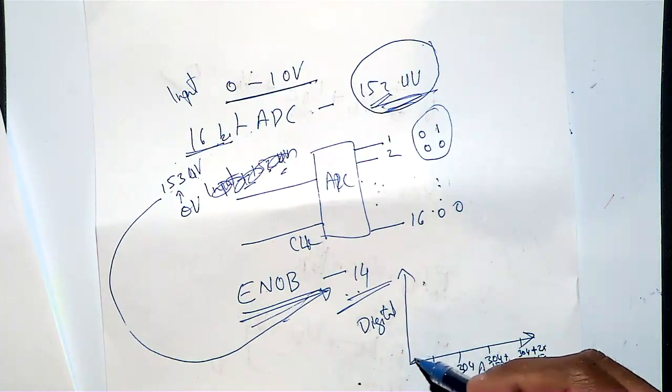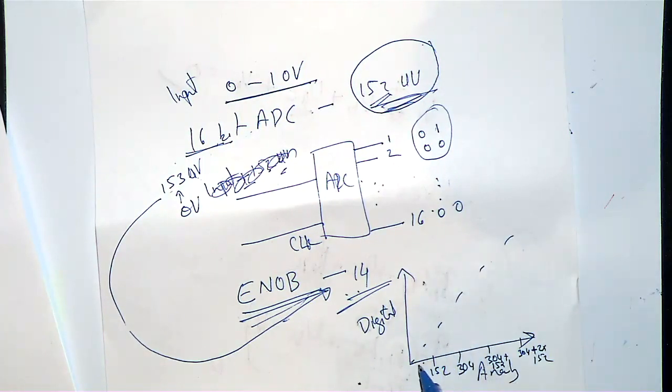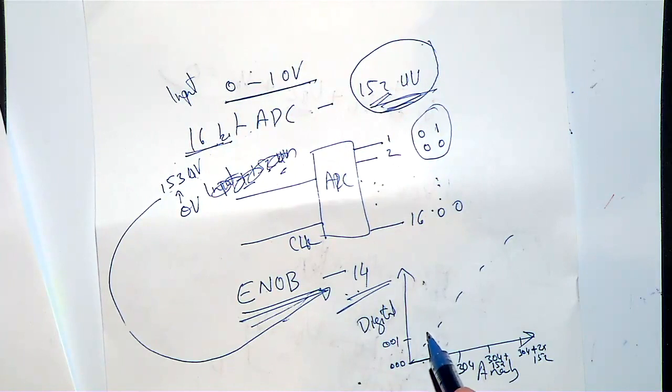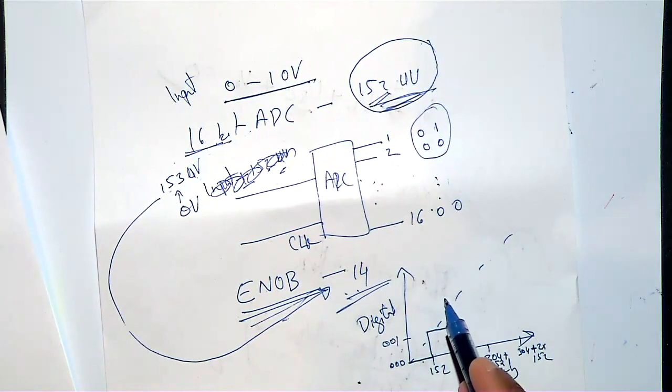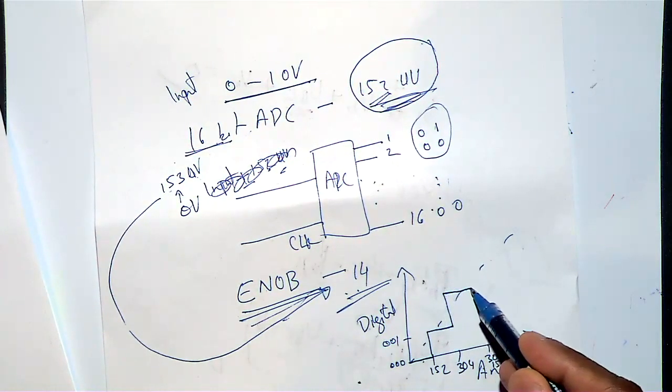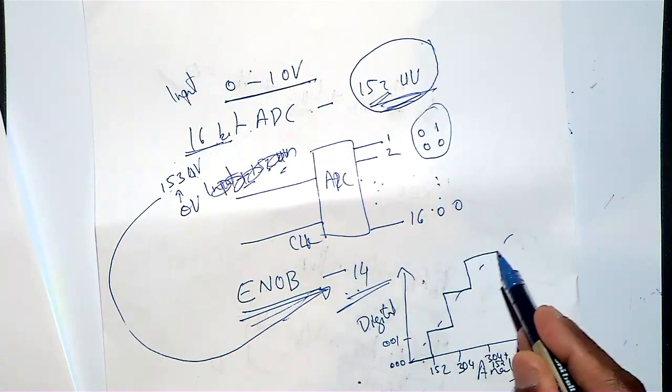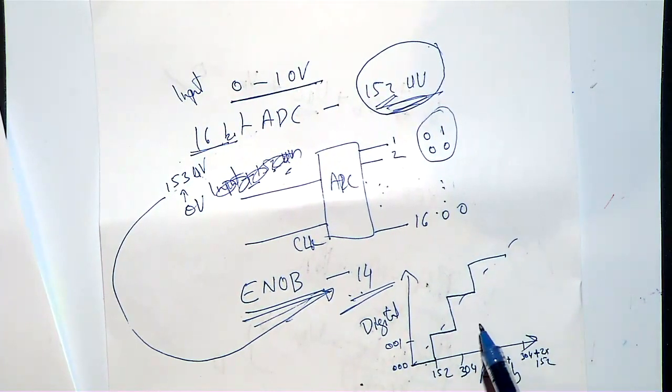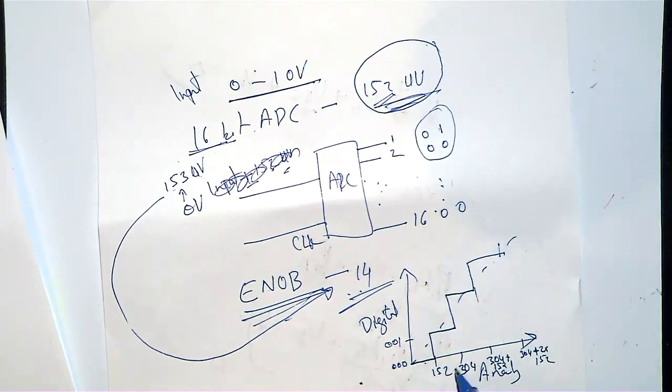So ideally it should be like this. Then digital 000, then here is 001. Then you will get a step like this, and step like this, step like this. You can see here 1 LSB, in all cases 1 LSB.